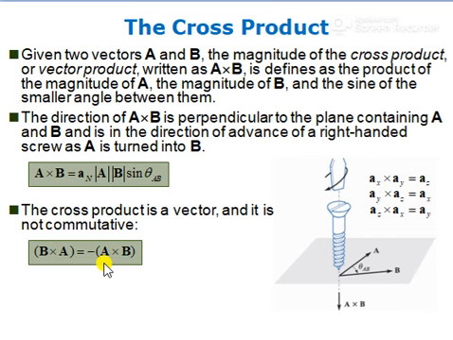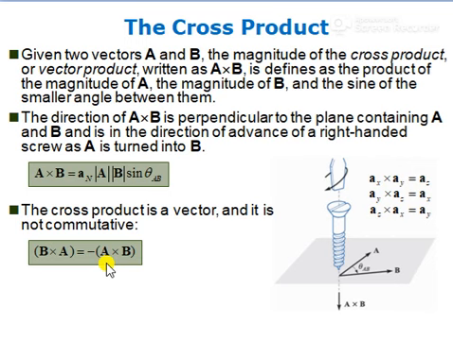That is, a cross into bracket b cross c is not equal to bracket a cross b, bracket cross c.